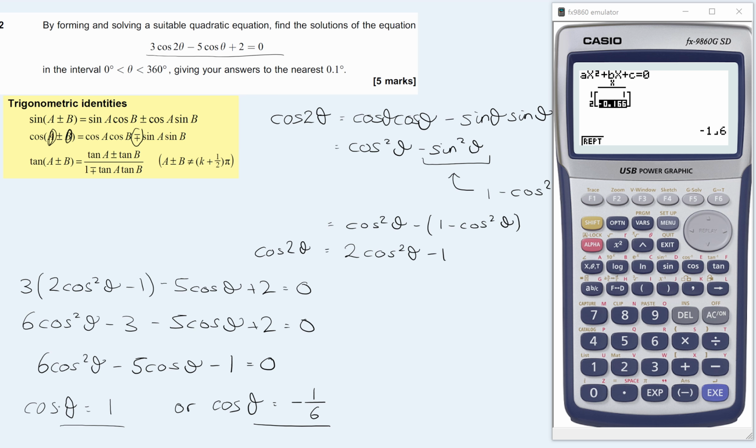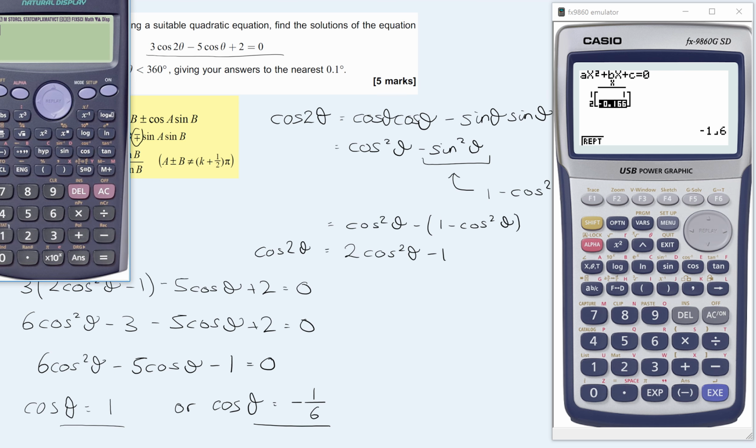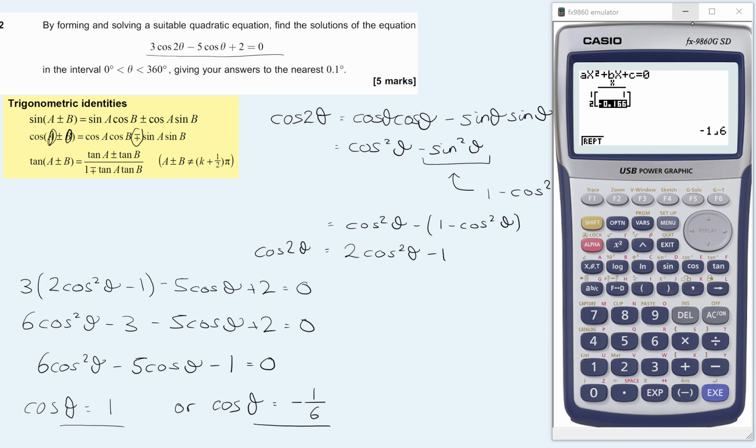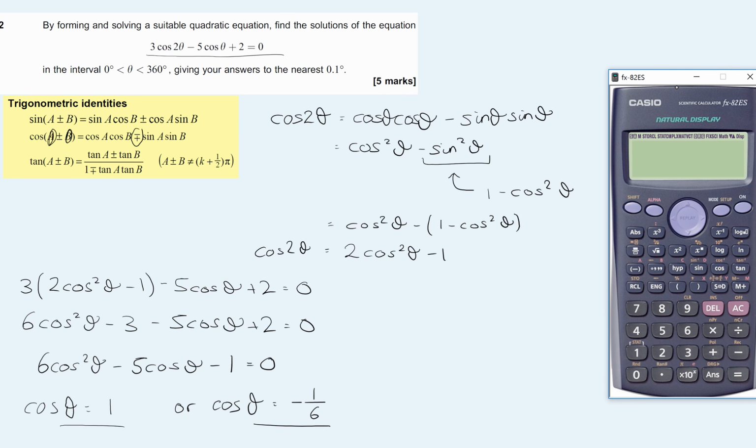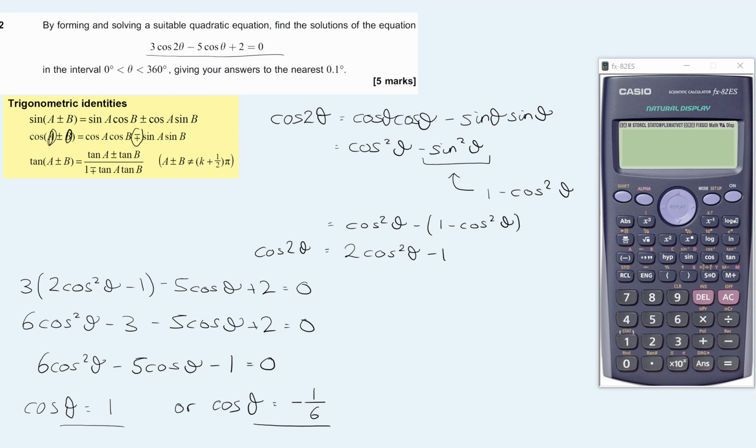Okay, so I'm down to this stage now. I'm going to now use a different calculator to find my values for theta. So first thing I'll do is inverse cos of 1. You might not need to do this, but I'll just show you. So that comes to 0.